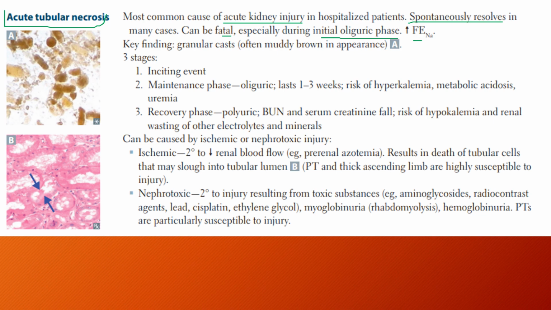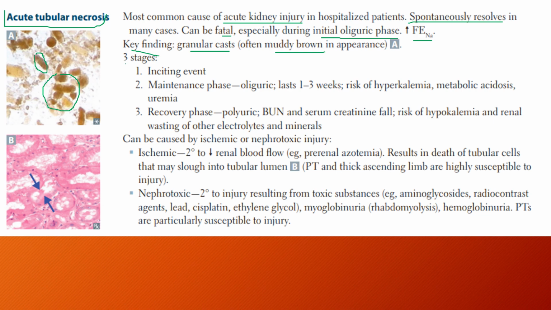It increases fractional excretion of sodium. In this disease, the key findings are granular casts, often with a muddy brown appearance. As you can see in this image, it's a granular cast with a muddy brown appearance, as shown in acute tubular necrosis.